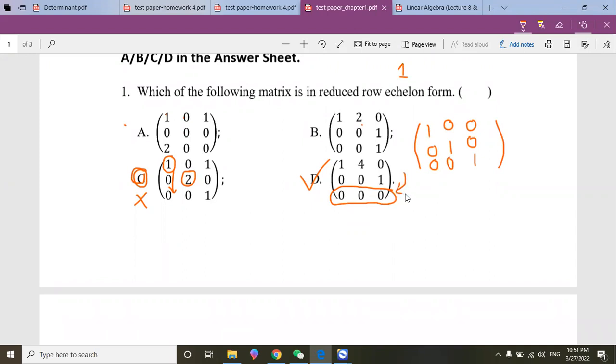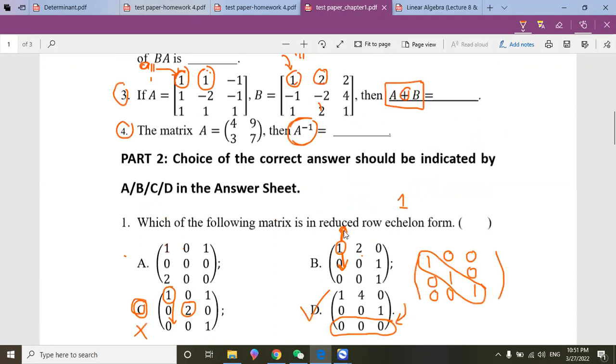The second condition: all the entries below and above the pivot point need to be 0. And the third condition: all the pivot points need to be 1. So this is called RREF, or reduced row echelon form.